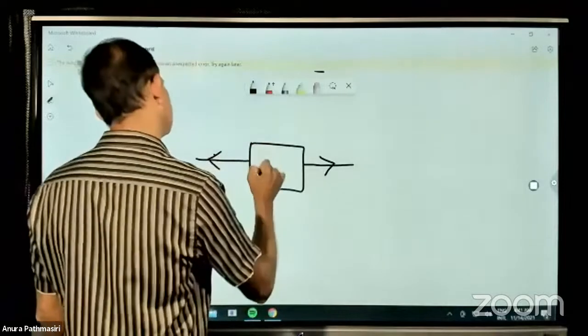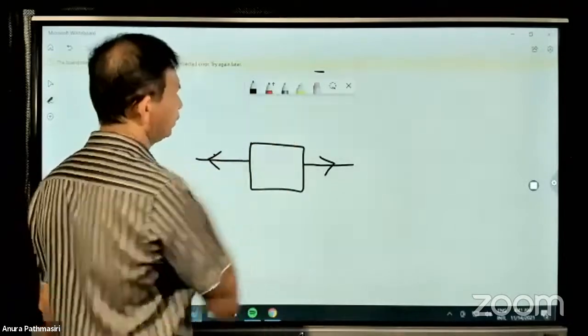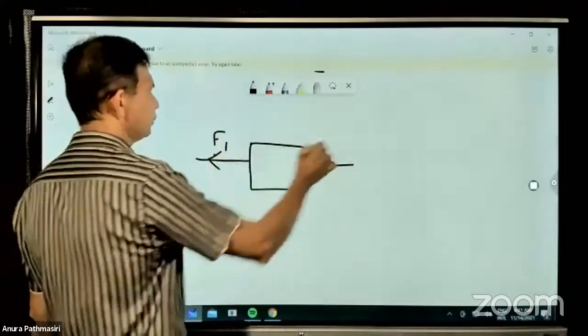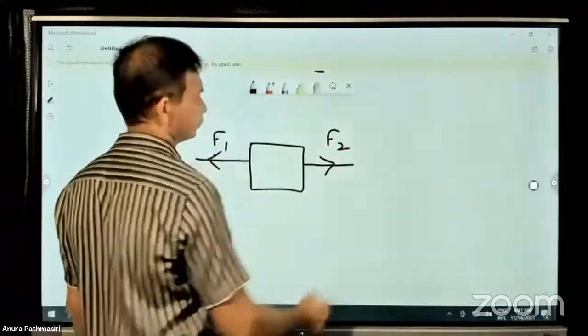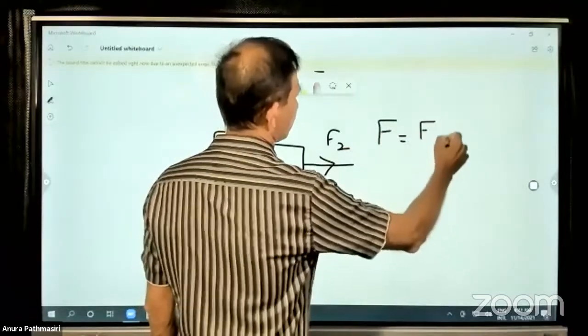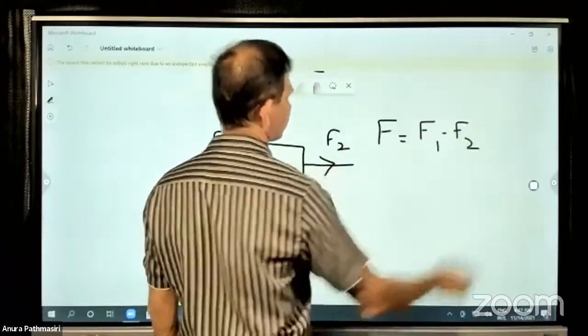Then we want to find out the resultant of these forces, F1, F2. The resultant force will be F1 minus F2.